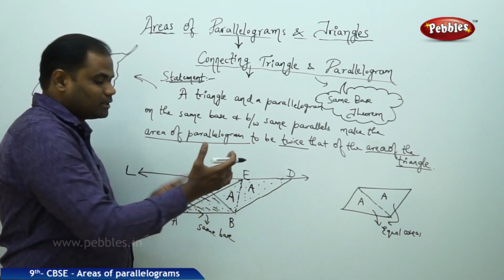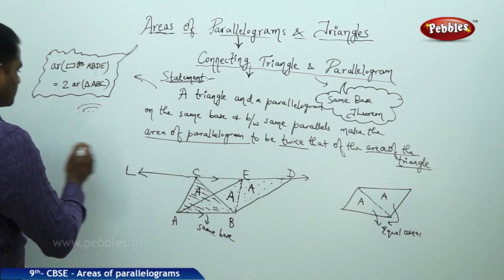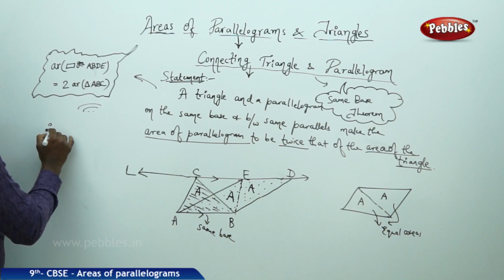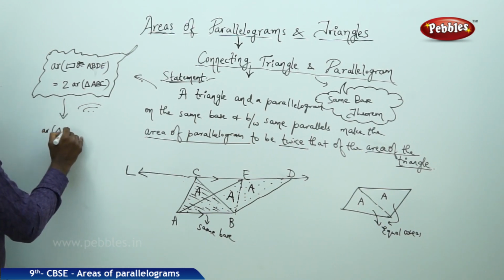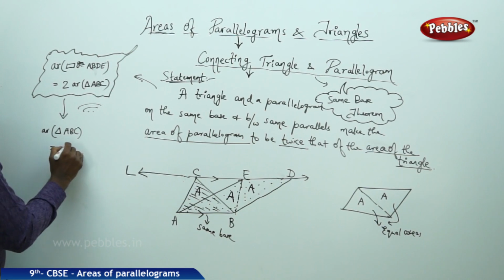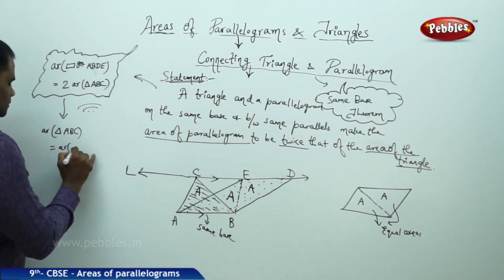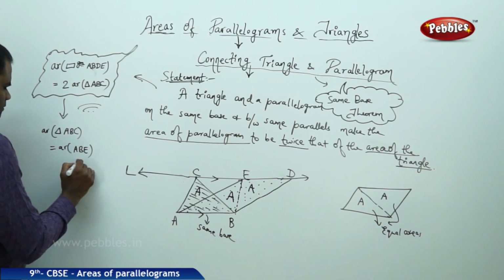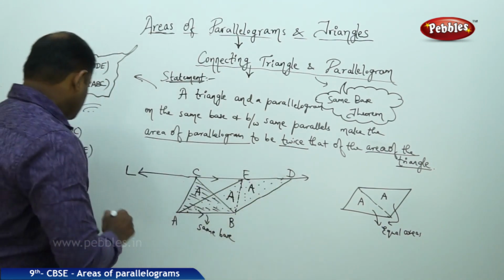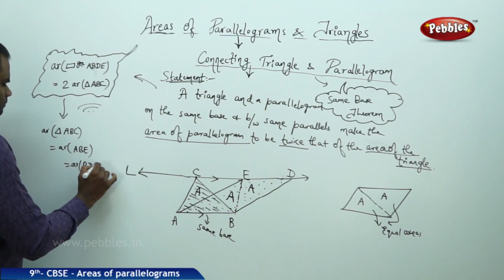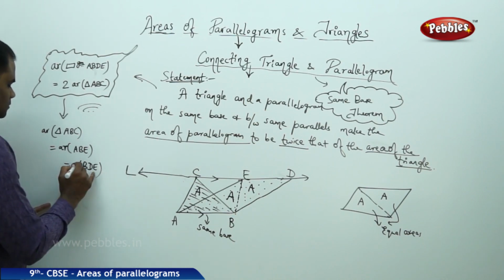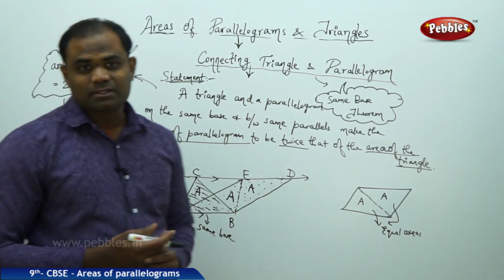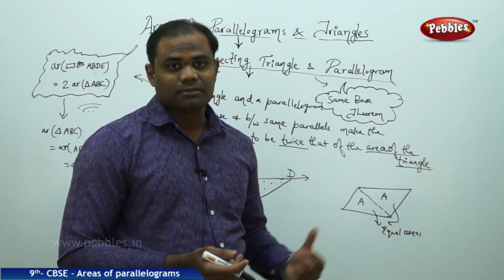So area of triangle ABC is equal to area of triangle ABE, which is equal to area of triangle BDE. All three areas are equal.